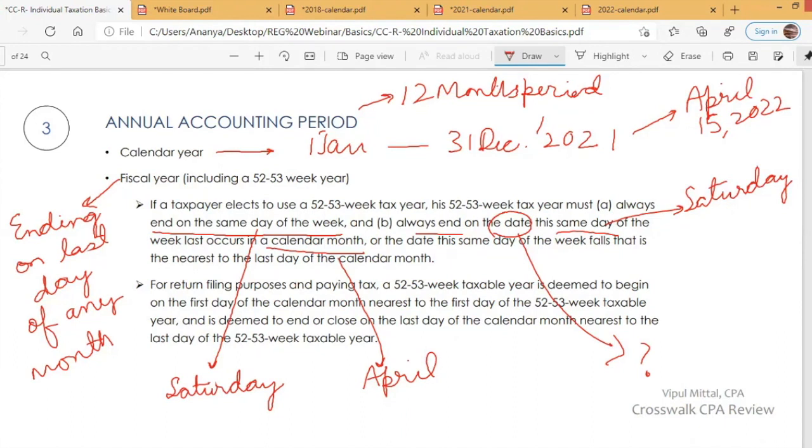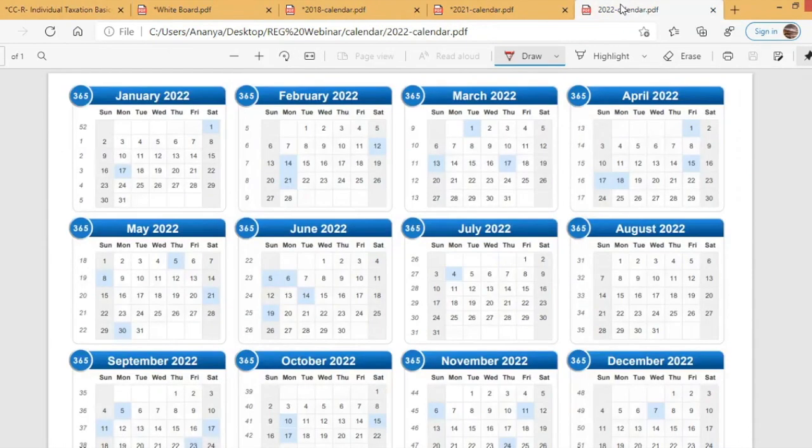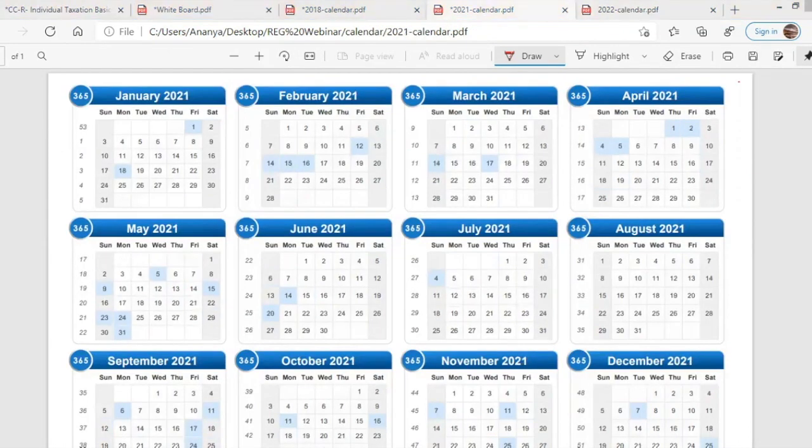Okay, let's understand this. So I have selected April and Saturday for determining my 52-53 week tax year.